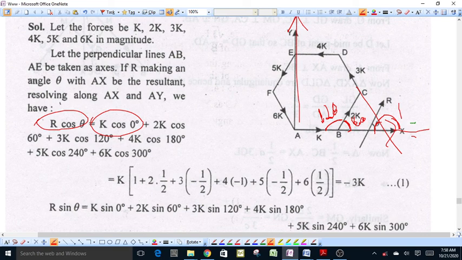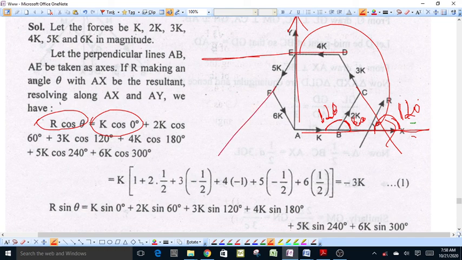This force 3k makes an angle 120, and 4k is opposite to the positive direction of the x axis. This means this force makes an angle 180, and 5k makes an angle 240, and 6k makes an angle 360.